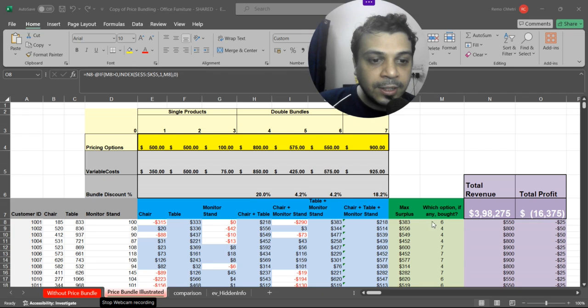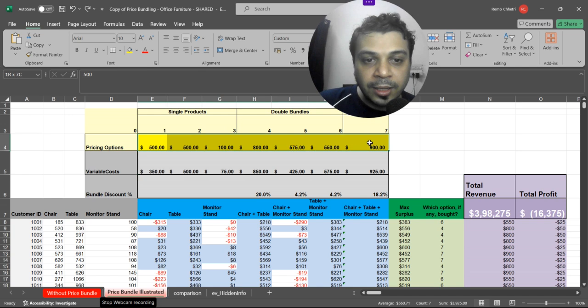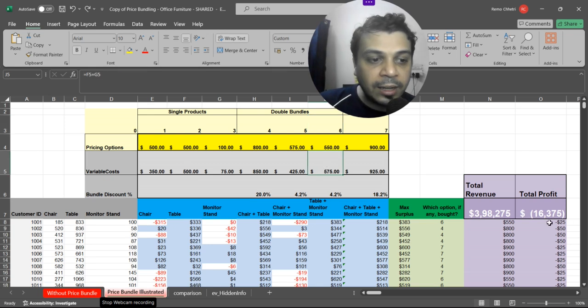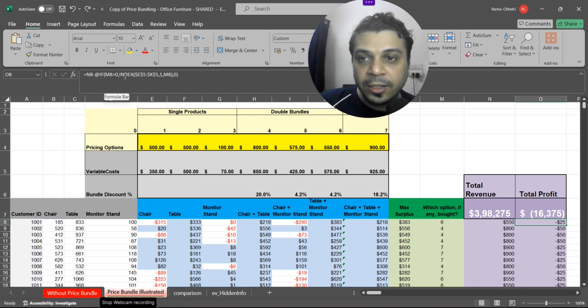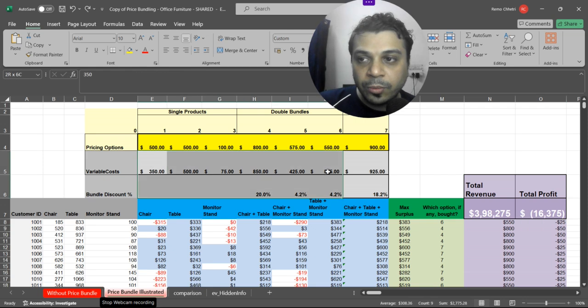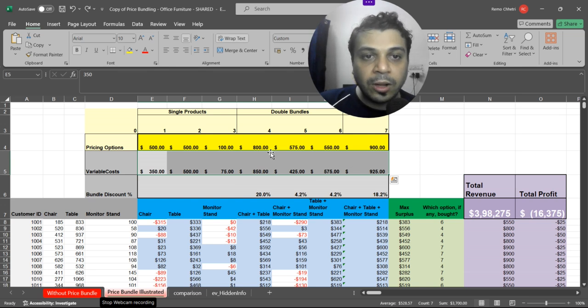So where in here do we get this particular value? We get it here. So we are looking at the variable costs here, basically. As you can see, it's E5 to K5, which is this particular section, and this is where we get the variable cost. This is of course something that comes from the brand, from the business, and when we have this value, we can calculate the profit.